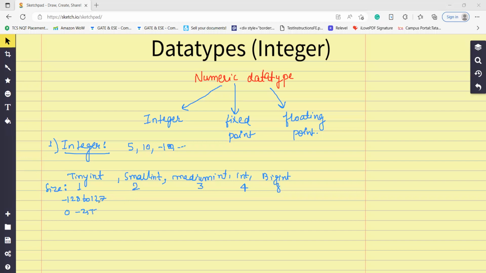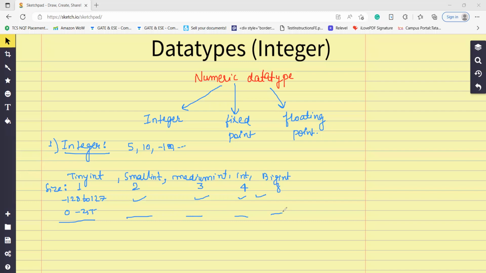Just like this, we have signed and unsigned ranges for every other type, like small int, medium int, and big int, and the range keeps increasing. Small int has more values than tiny int, medium int has more than small int, and big int is the largest one.